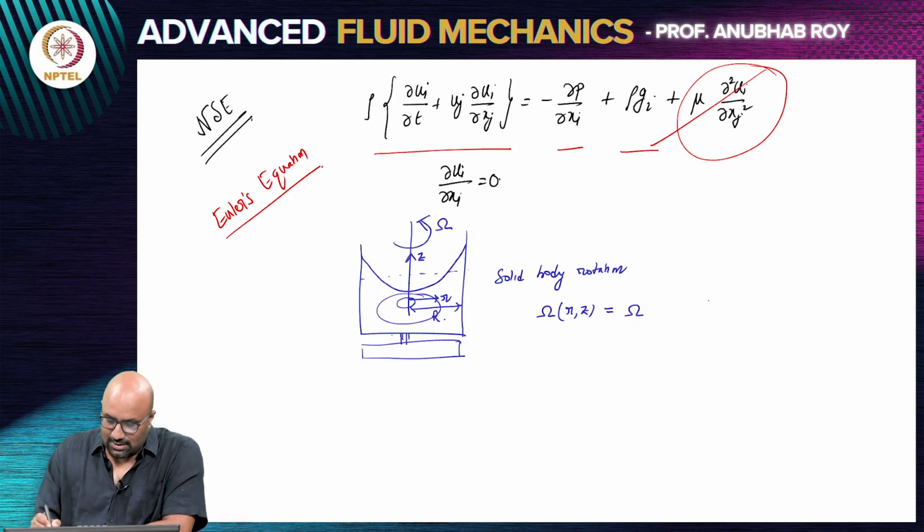Since we have chosen a cylindrical coordinate system, it is more convenient to write our Euler's equation in cylindrical coordinates rather than in Cartesian coordinates. So, I am going to do that.